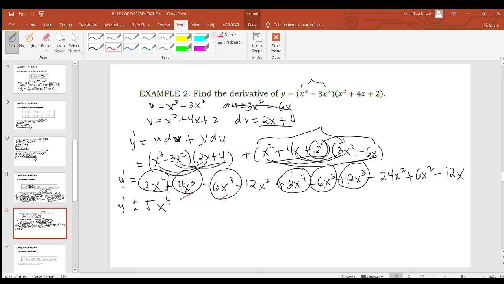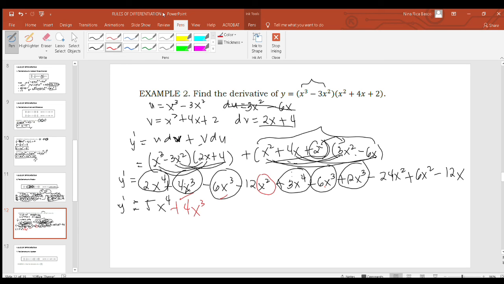Negative 2 plus negative 6, negative 8. Negative 8 plus 12, positive 4. Plus 4x cubed.